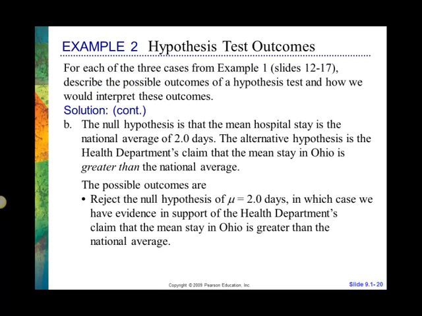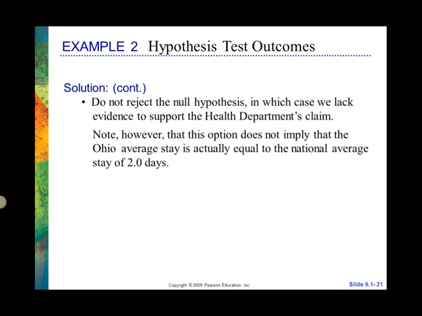The next one, with the stay of 2.0 days for Ohio, we can either reject that it's equal to 2 days, and so we have enough evidence to support the claim that the stay is longer than 2 days, longer than the national average, or we cannot reject the hypothesis, and so we don't have enough evidence to support the claim.